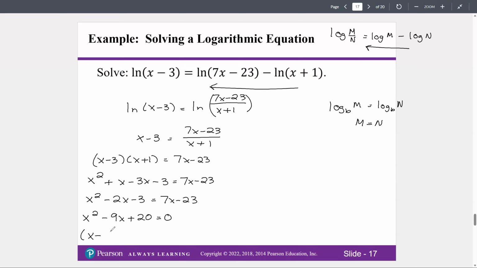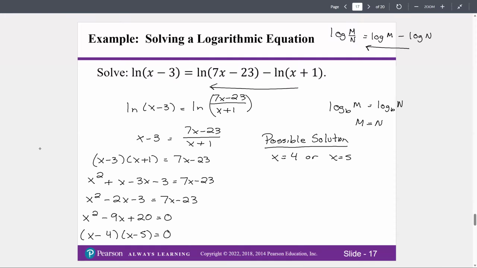So x minus 4 times x minus 5 will equal 0. So that means my possible solutions are x is 4 or x is 5.